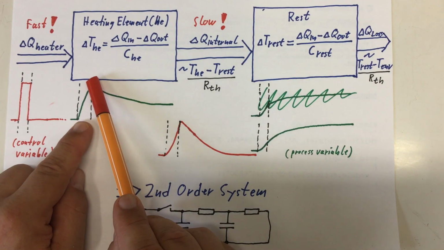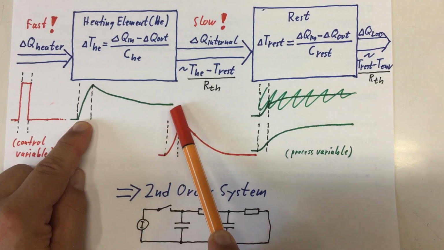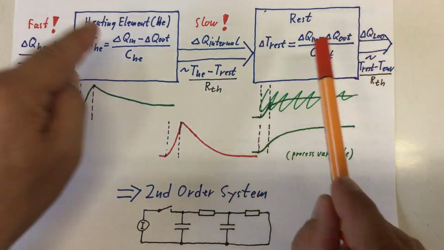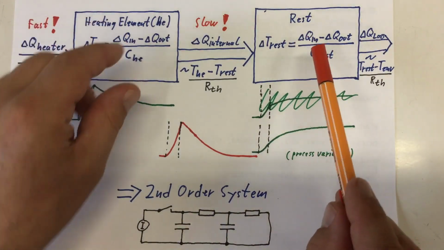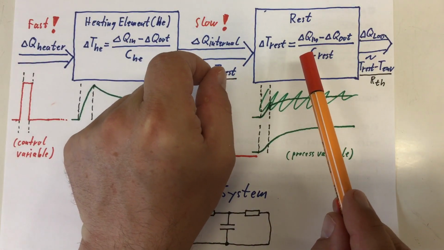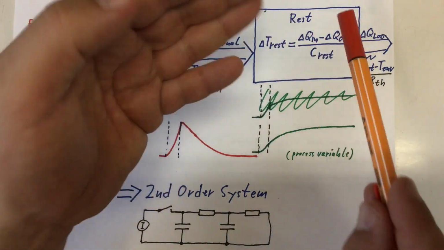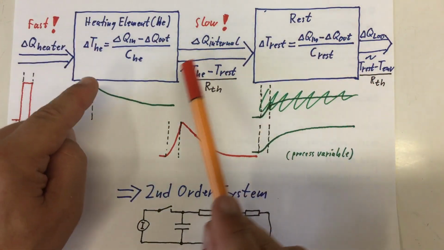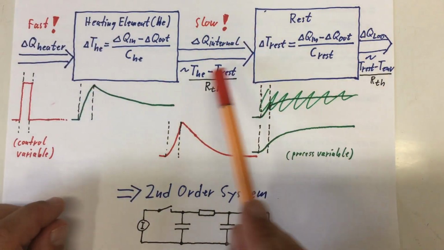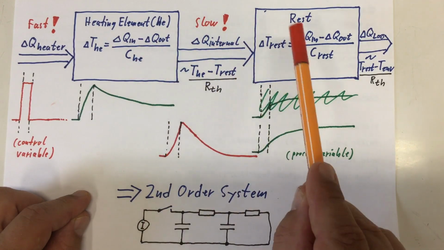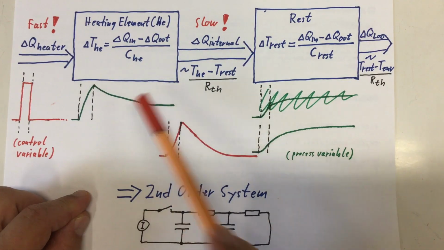And then the energy flow reduces itself slowly over time, because the temperature differential between the two becomes less and less as the heating element cools again and the rest is heating up. And at some point, we have equilibrium again. So the energy flow between the heating element and the rest behaves quite similar.